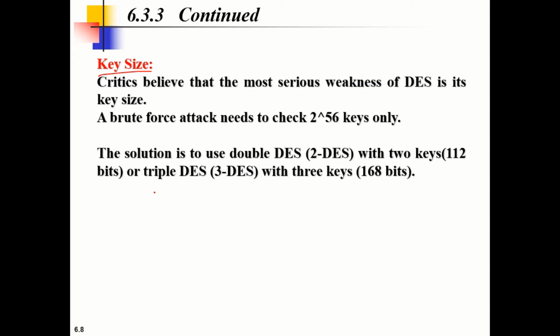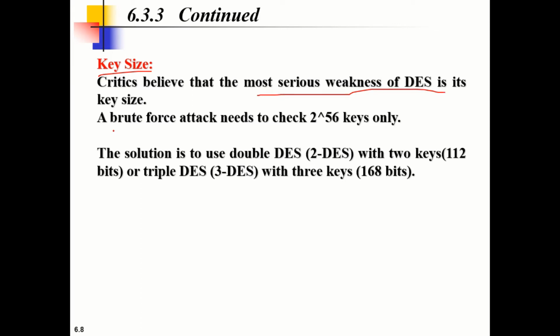So that is the thing again over here. After its publication and use, the same point was raised again, that the key size is very small. And the critics believe that this is the most serious weakness of DES, right?